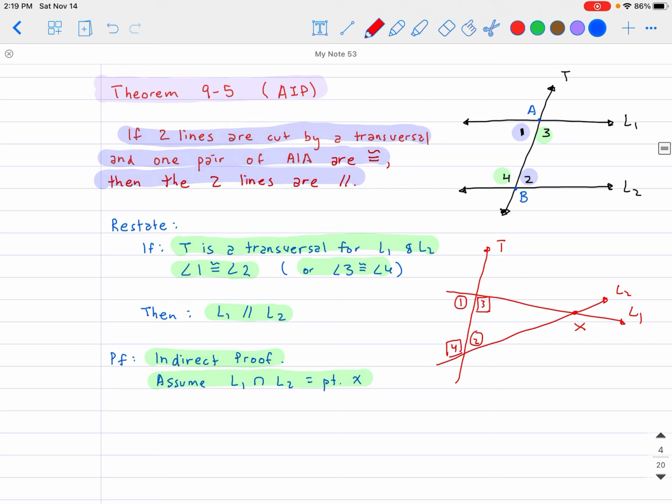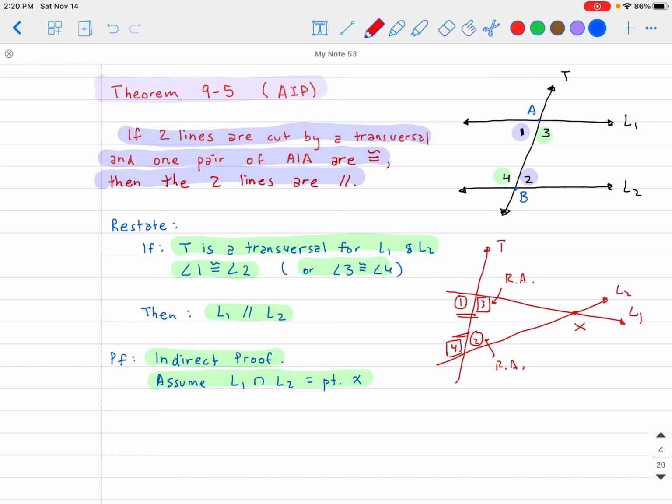Well, if they're all congruent in that way, then remember how 1 and 4 are related and how 3 and 2 are related. They are supposedly going to be linear pairs. So if they're linear pairs, then that means that 3 over here has to be a right angle, because these two are going to be congruent, just like these two right here are going to be congruent. And then you have a right angle.